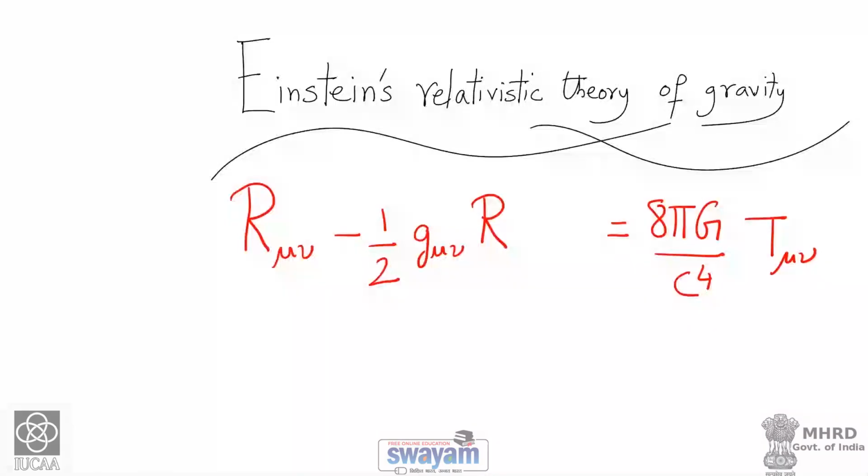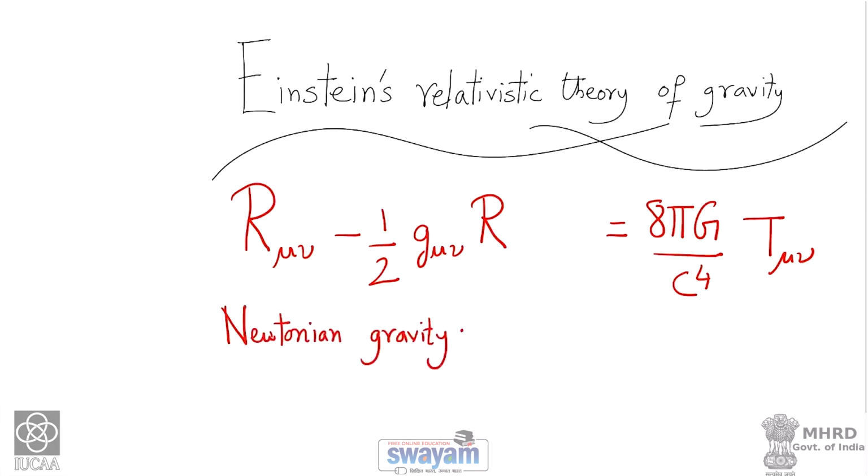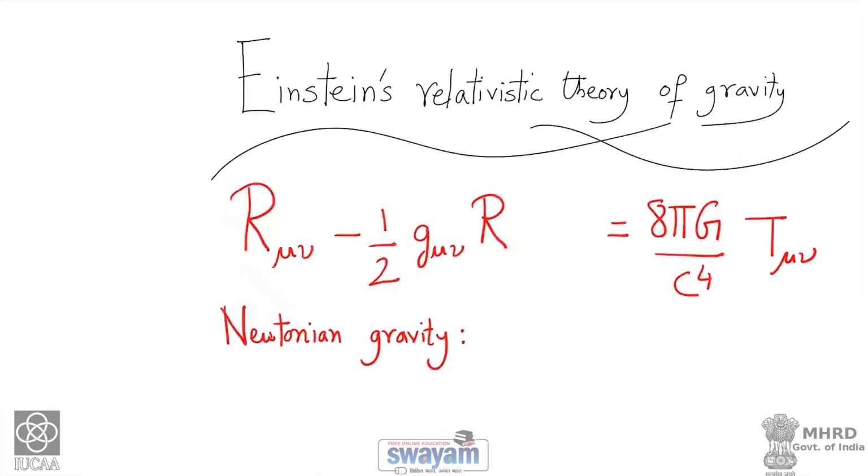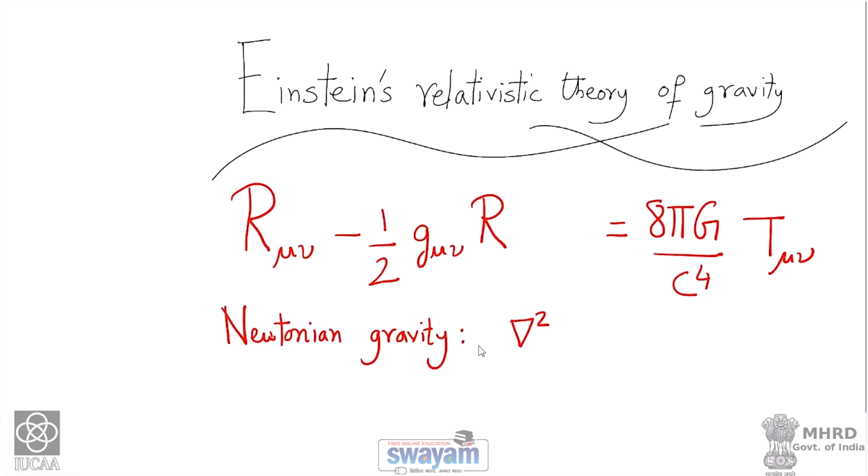We know that in Newtonian gravity the Laplacian of the Newtonian potential is given by 4πG times ρ, where ρ is the mass density.